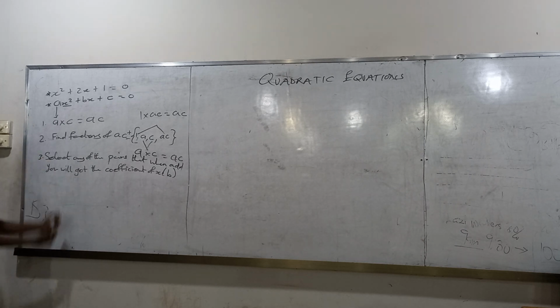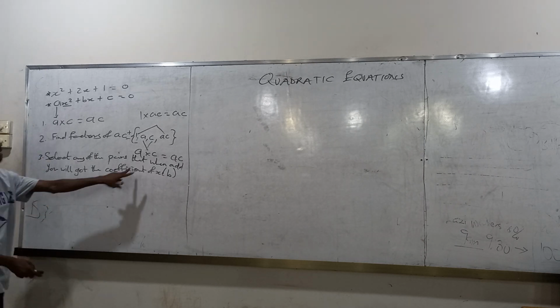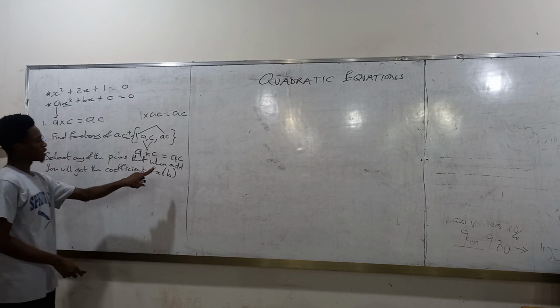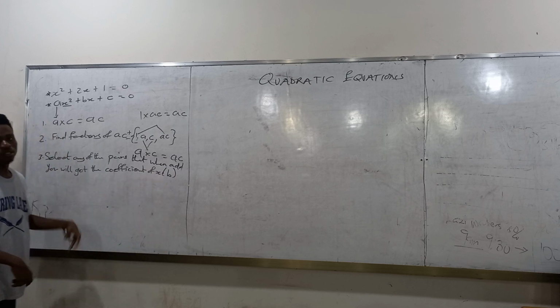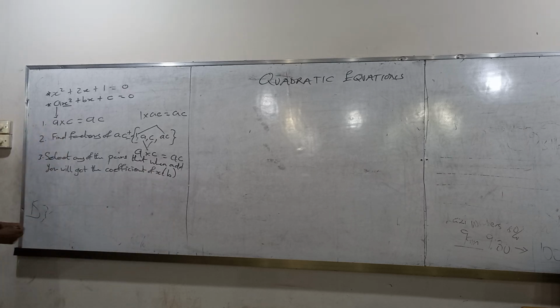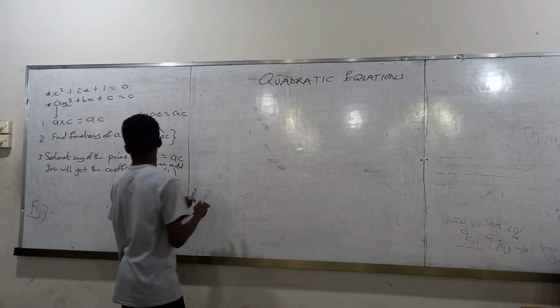So this is basically what we do. You select any of the two that, when you add, you get the b, and you are good to go. So let's use this as an example.